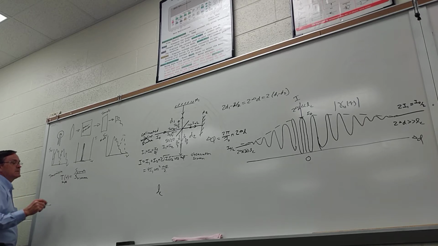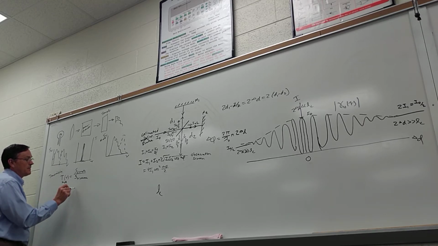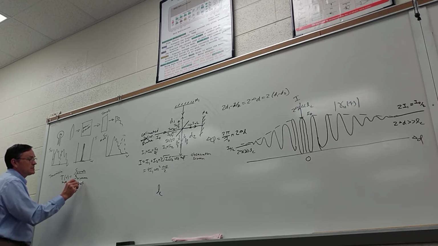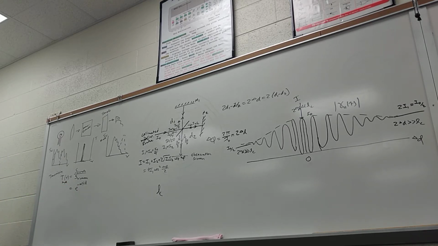The transmission of the sample is basically e to the minus absorption coefficient, as a function of wavelength, times the thickness of the sample. And basically what we're doing is trying to measure that absorption coefficient as a function of wavelength or frequency. So that's generally how you do it.